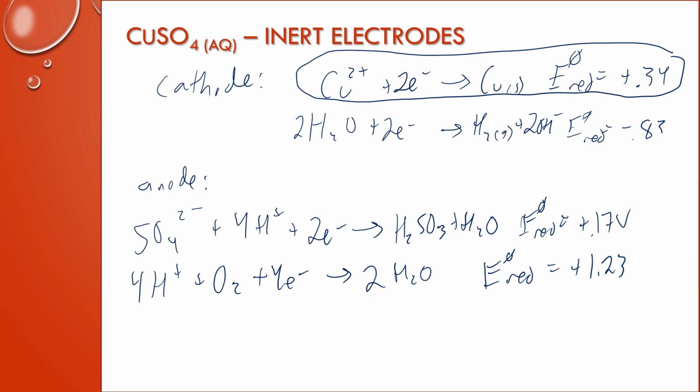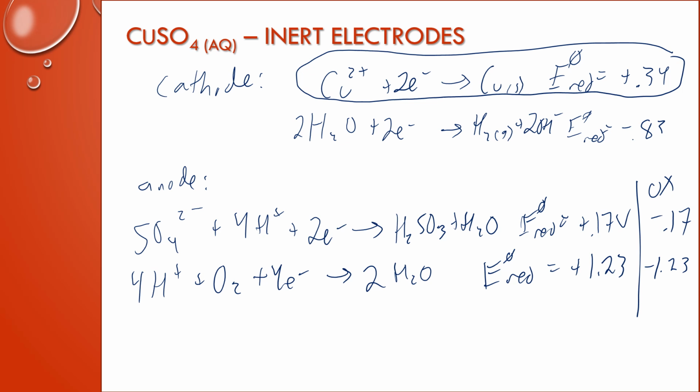But consider that those are reduction potentials. So that means if these reactions were to flip, the oxidation potential would be negative 0.17, and the oxidation potential for the water would be negative 1.23.